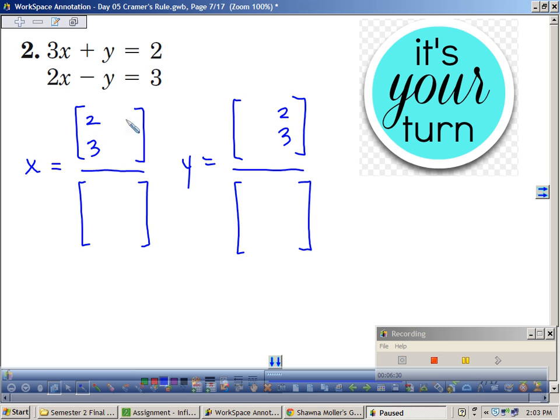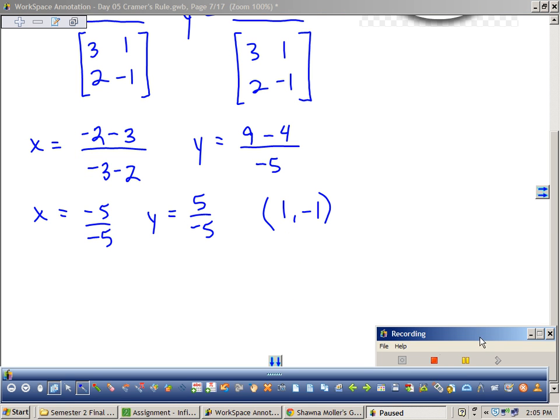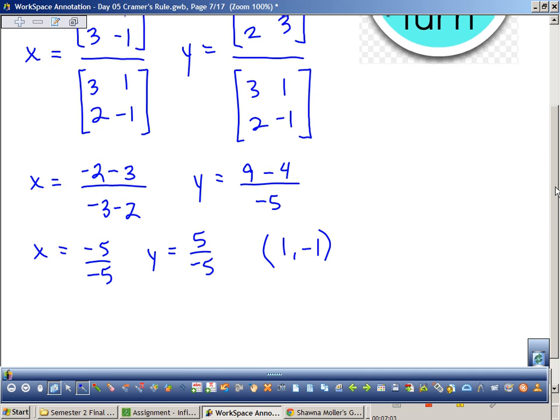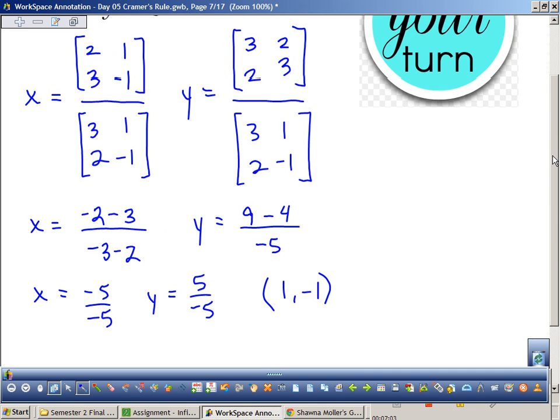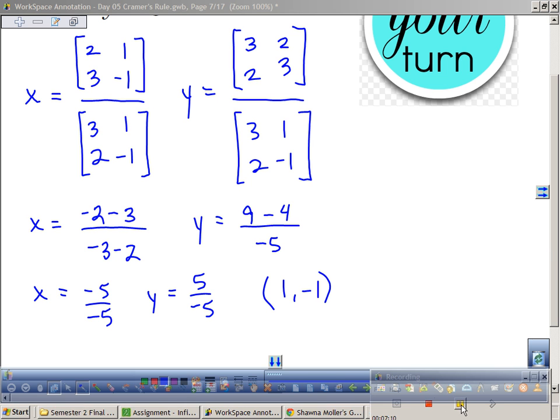So what goes here? 1 and negative 1, and what goes here? 3 and 2, 1, negative 1. Now do it. You should have gotten 1, negative 1. Questions on this? For those of you that aren't done, I'll give you a second to finish.